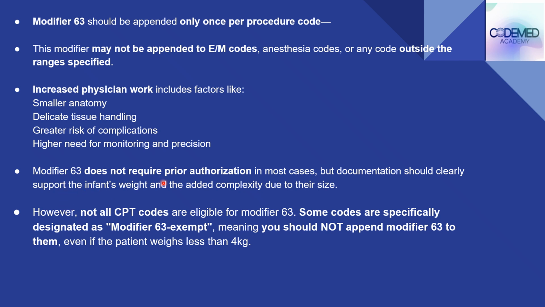Modifier 63 does not require prior authorization in most of the cases, but documentation should clearly support the infant's weight and added complexity. However, not all the CPT codes are eligible for modifier 63. Some codes are specifically designated as modifier 63 exempt, meaning you should not append modifier 63 to them, and we have a special appendix for that.